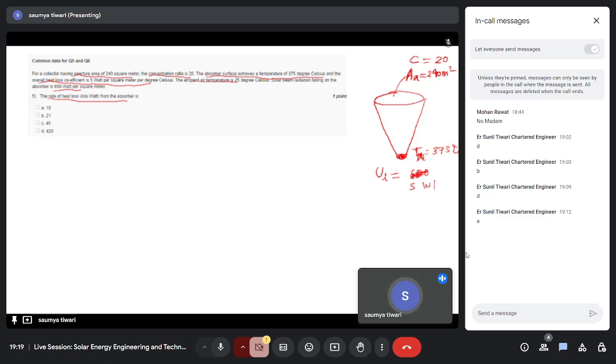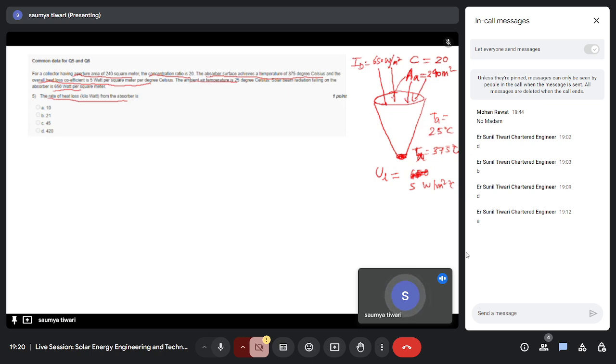This is watt per meter square per degree Celsius, and the ambient air is given 25 degrees Celsius. Now the solar beam flux falling on this aperture area is given. IB is given 650 watt per meter square.